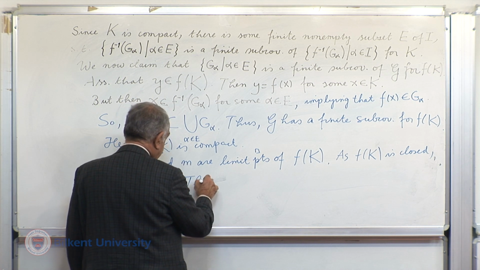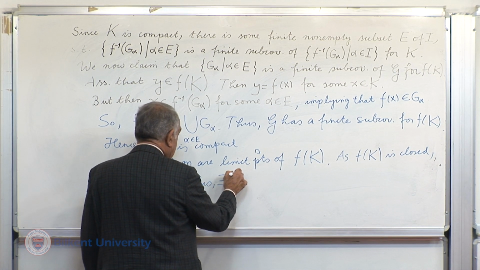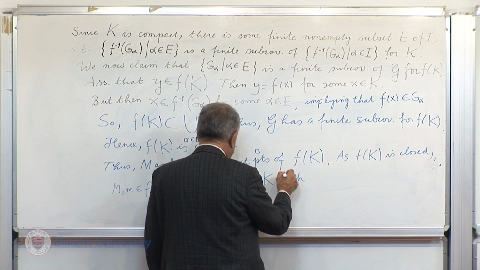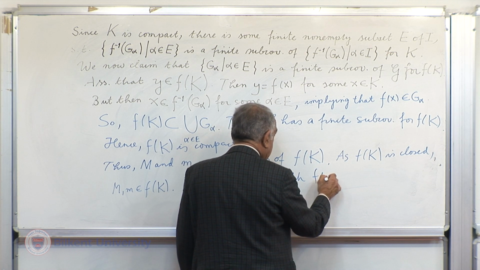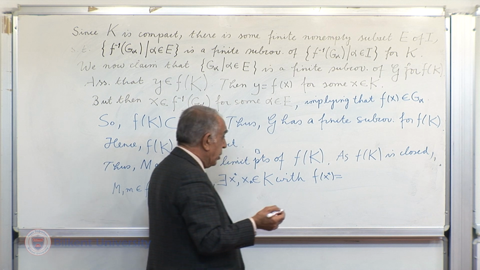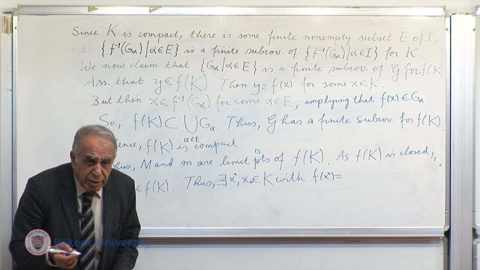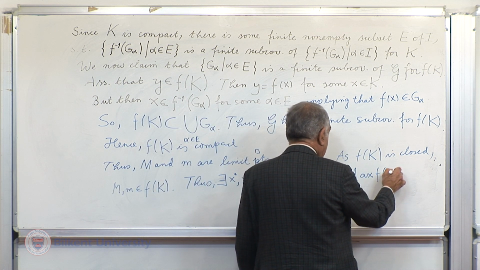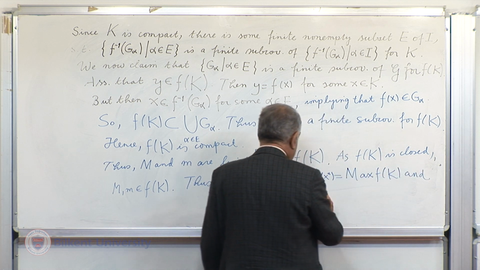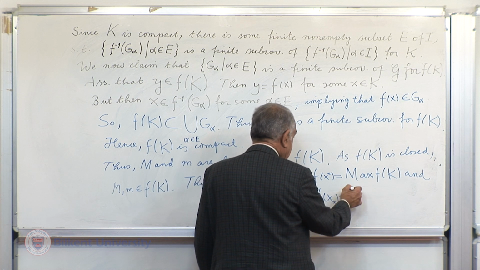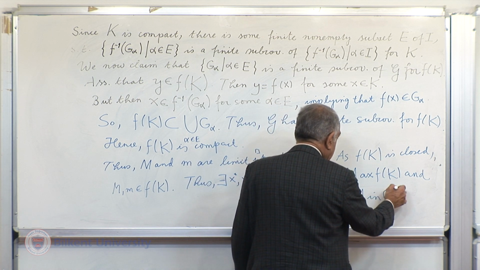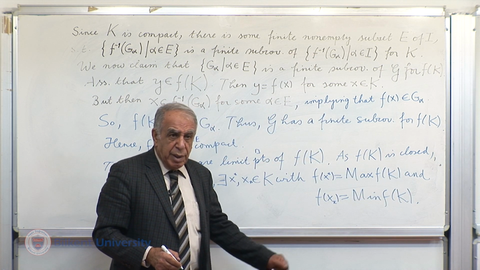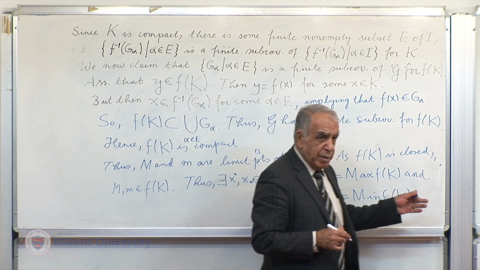Thus, there exist x upper star, x lower star in K with f of x upper star equal to the supremum, but that's the supremum which belongs to the set, is the maximum of f of K, and f of x lower star is equal to the minimum of f of K. Here we used preservation of compactness under continuity.